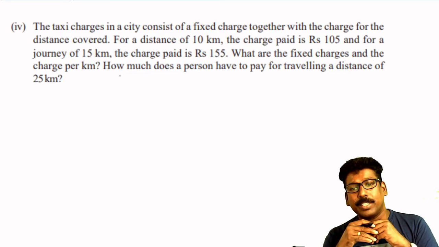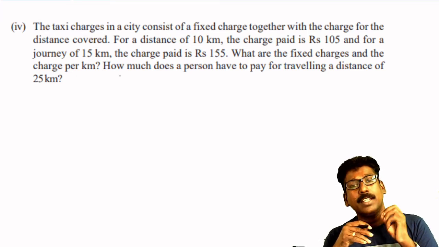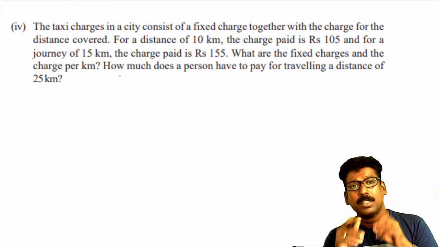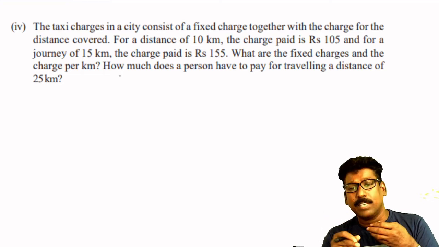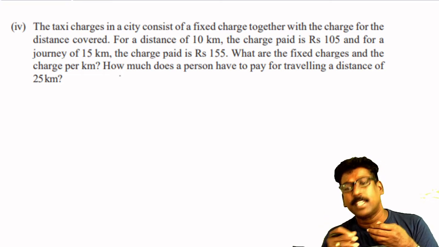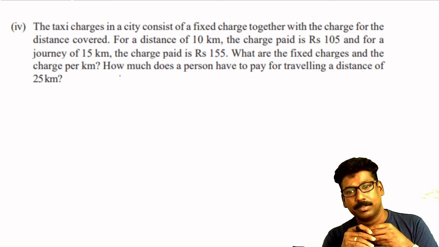Here is your question. The taxi charges in a city consist of a fixed charge together with the charge for the distance covered. That means a fixed charge, and for each kilometer you have to pay some extra charge. The condition given is for a distance of 10 kilometers, the charge paid is rupees 105.